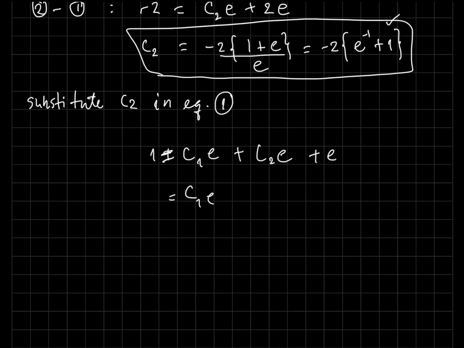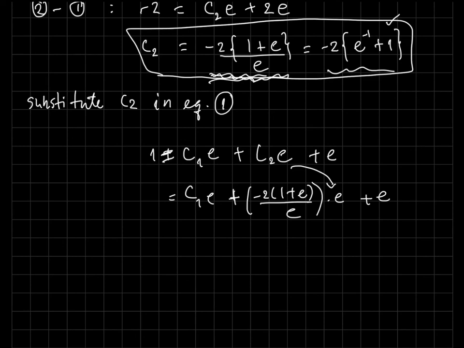So let's just substitute for c sub 2, and let's use this form, since probably this is better to use. So let's have negative 2 times 1 plus e over e, times e, and plus e.